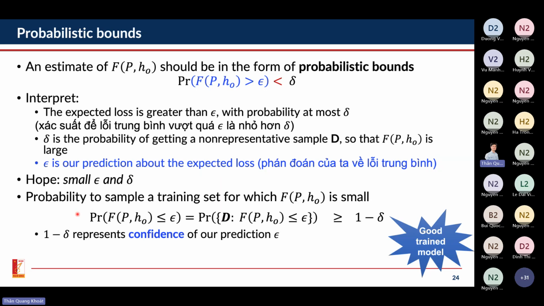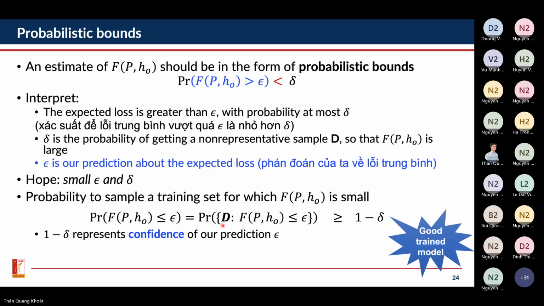So we can write this fact in another way, right? The probability that the test error is at most epsilon is equal to this one.